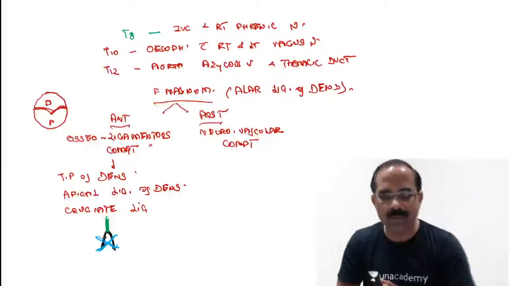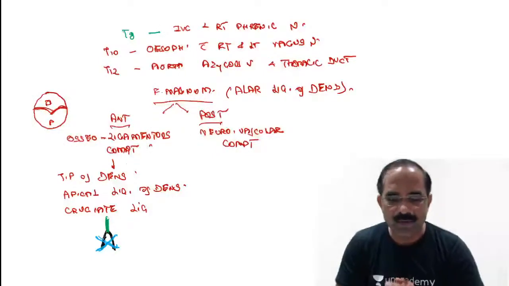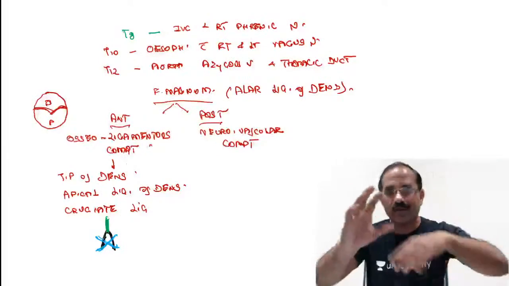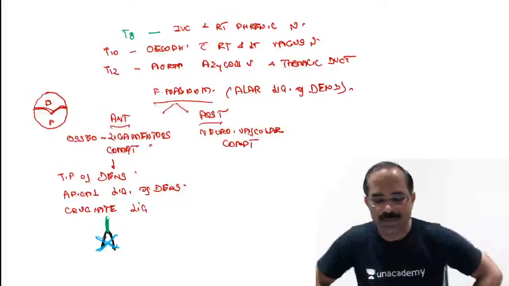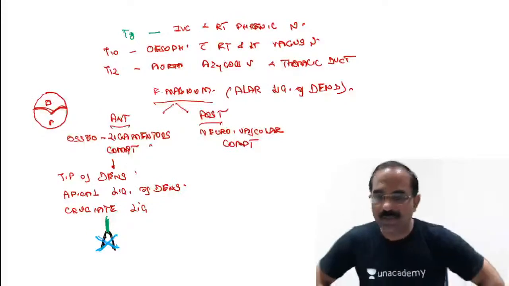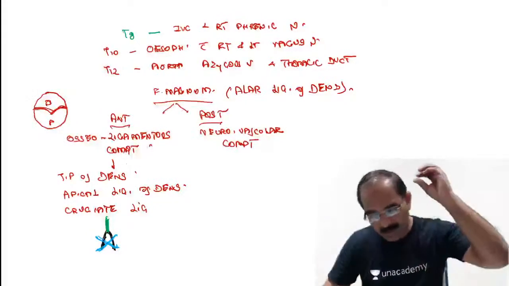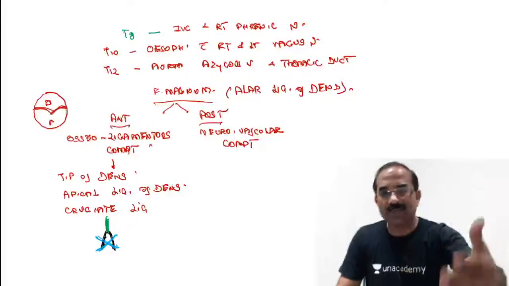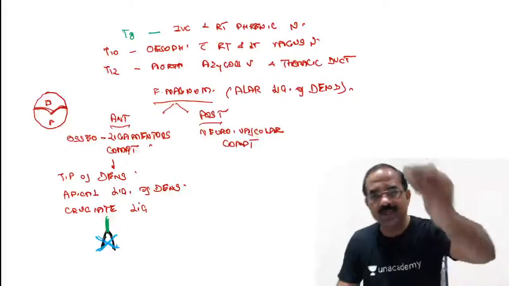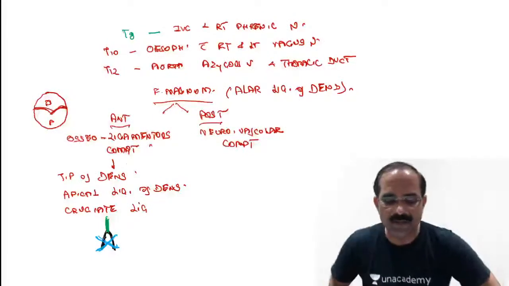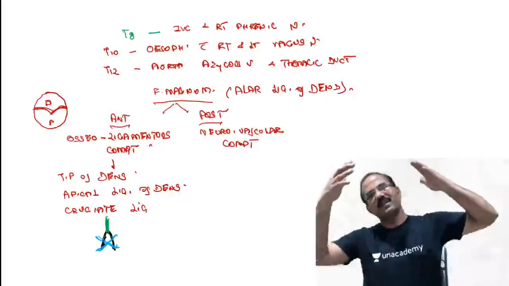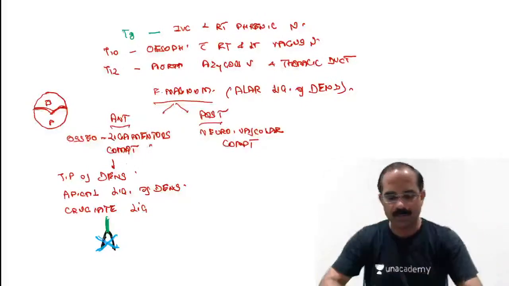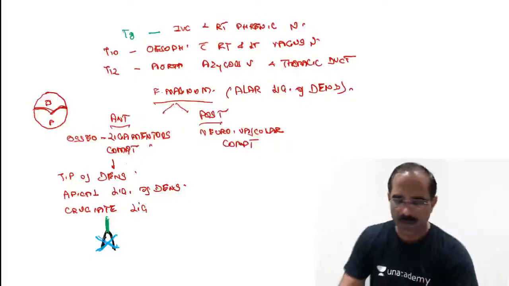If this part of the medulla is damaged, the person gets instantaneous death, as seen in hanging. When a person is hanged, the dens gets dislocated, hits the medulla, and the person dies on the spot.